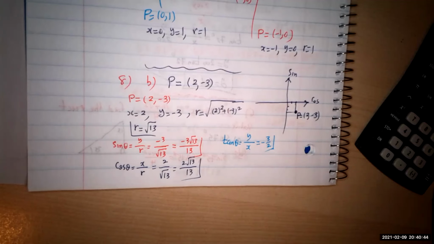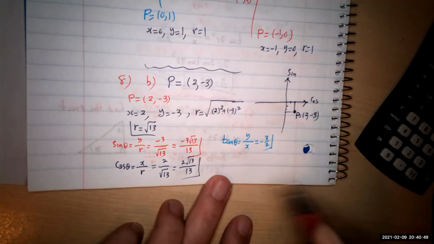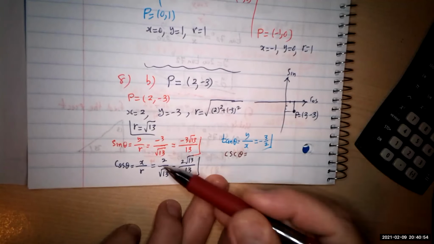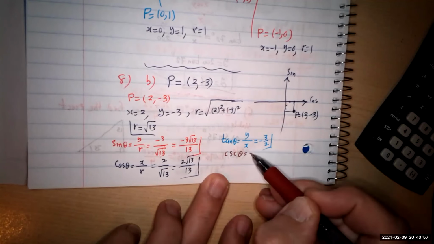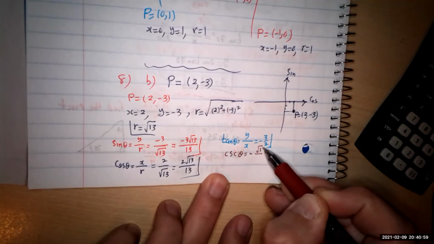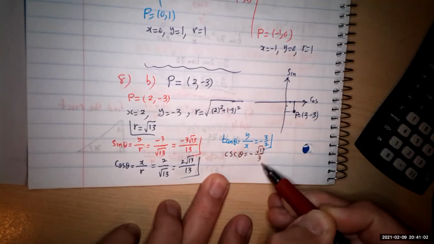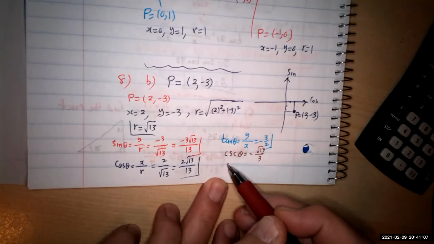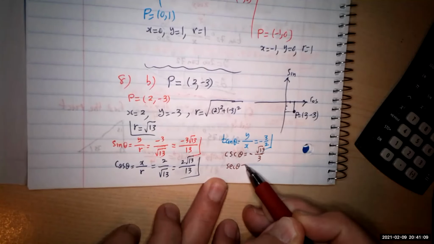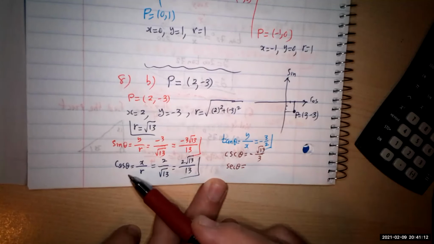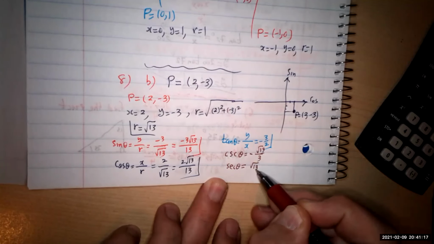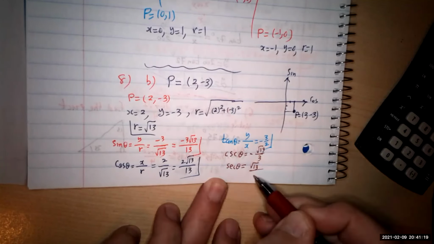Okay, use the reciprocals to get the others. The first one, cosecant, so it's going to be negative radical 13 over 3. That's the cosecant. Secant is the reciprocal of the cosine, so this is going to be radical 13 over 2.